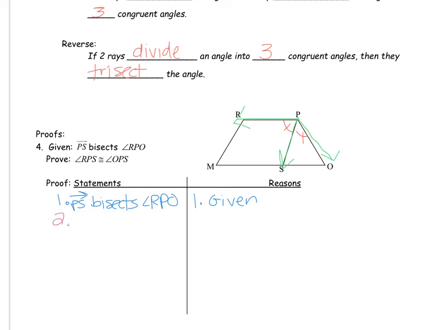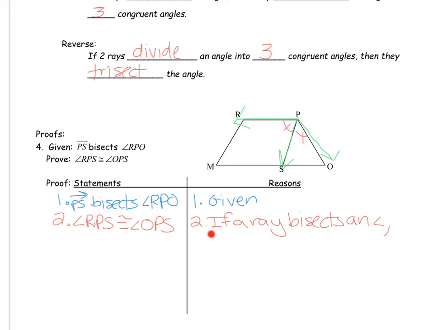So we are now ready in step 2 to say angle RPS is congruent to angle OPS, because if a ray bisects an angle, that's the part that I was given. That's the part that I've already said in my proof. So that's the part that goes in my if statement. That's how I know where to put it.